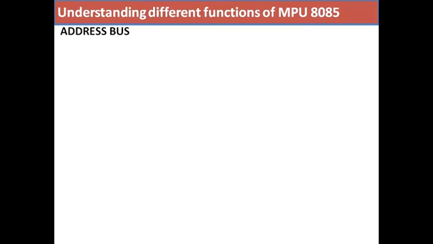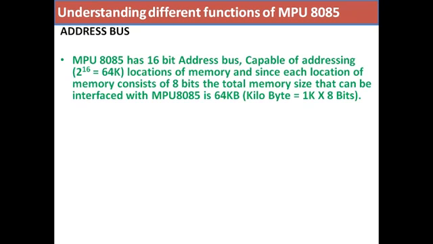Okay, now let's take up address bus. Now, as we know that the address bus is 16-bit, hence the total capacity of addressing is around 2 to the power 16, which is 64 kilo locations of memory.